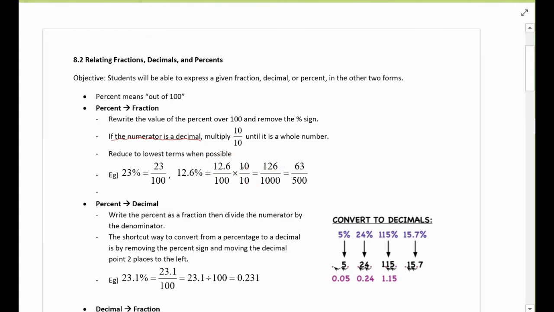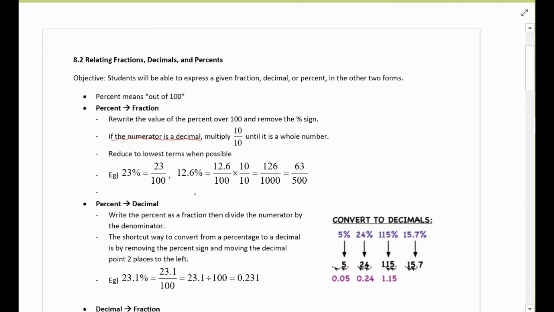When you multiply the same number, 10, it becomes 126 over 1,000. So make 12.6% into 126 over 1,000 by multiplying 10 to both the numerator and the denominator.